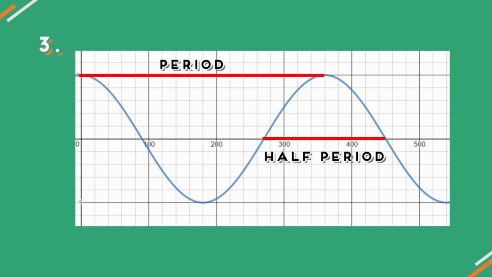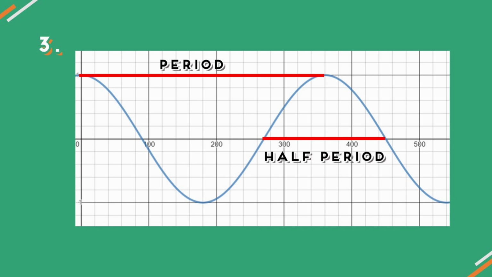The period itself is the distance required for the function to complete one full cycle, which is equal to 2 pi. So you can find a period by solving an equation from the angle equal to 2 pi. On the other hand, if you know the period, you can compose the equation of the angle.